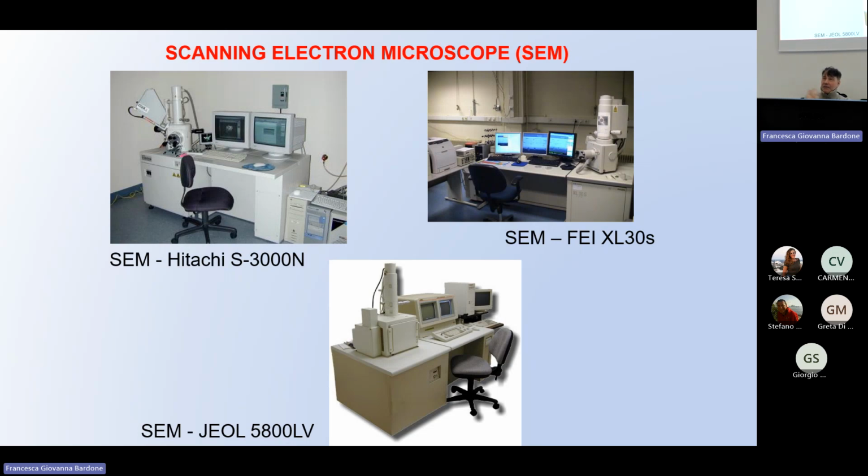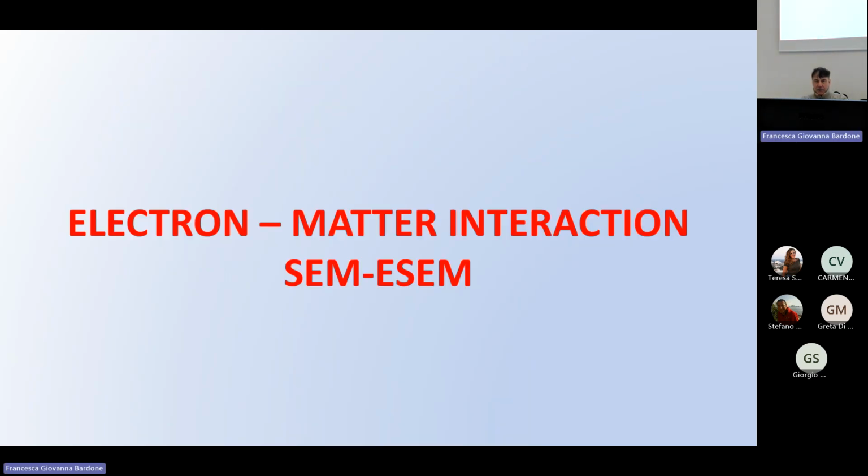So in my lab, I have three scanning electron microscopes, one environmental and two classical, because most of the requests are for metals and ceramics, and I use the classical one. Why should I use the environmental when I don't need it? I use the classical one. Only keep in mind the difference.